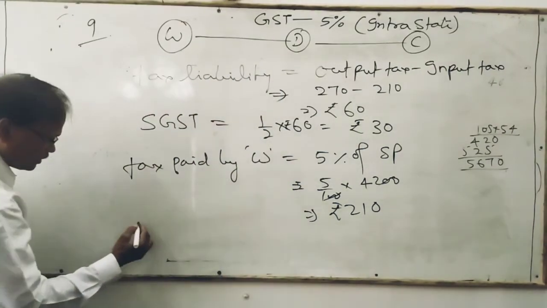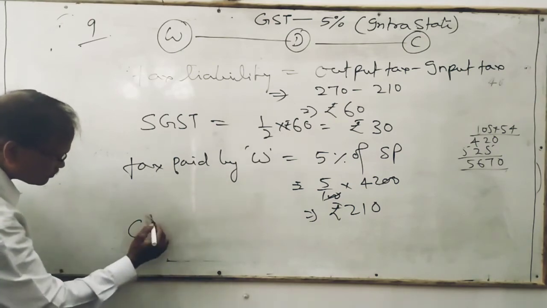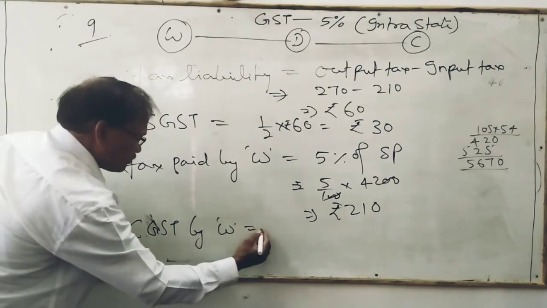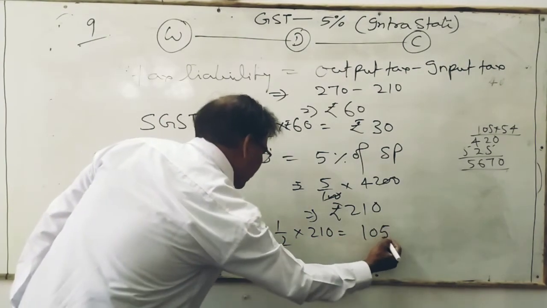तो इसका half करें तो central government tax CGST by wholesaler will be half of rupees 210 means 105.